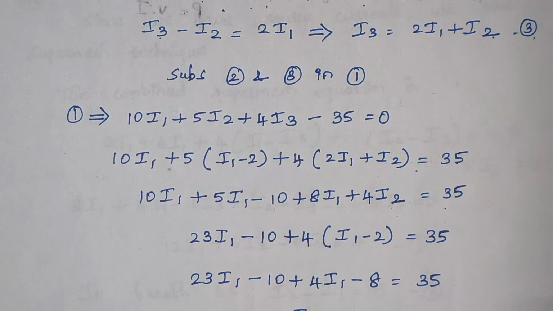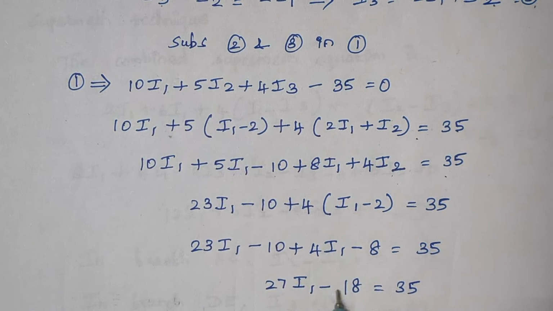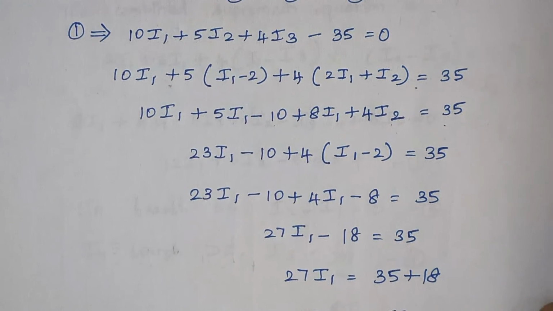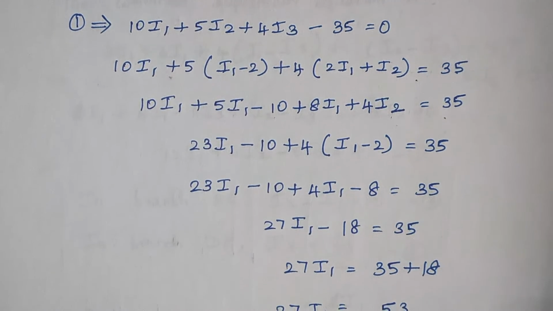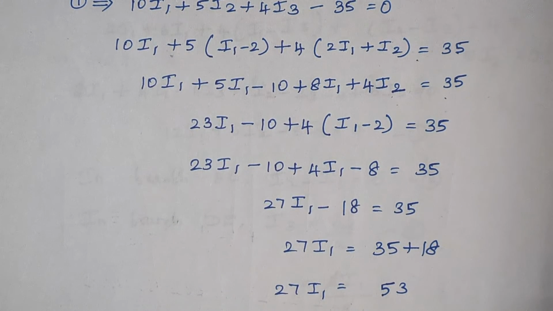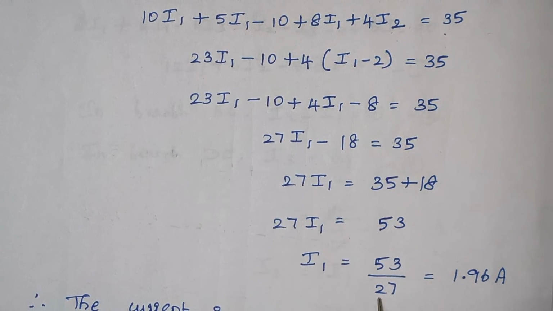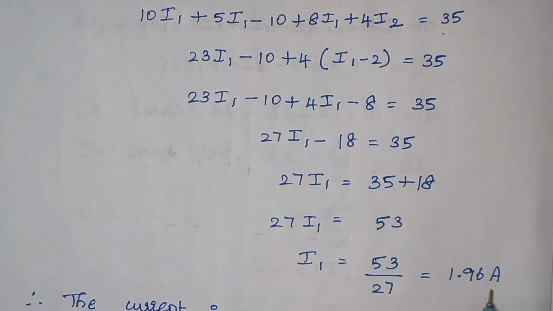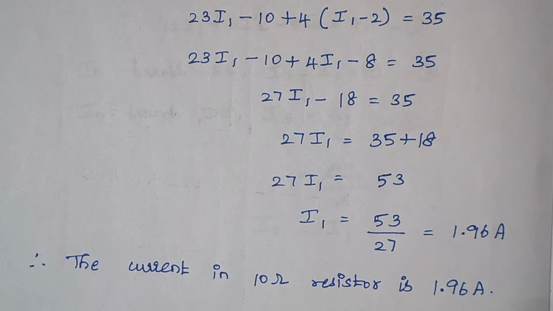Simplifying again, 23 I1 plus 4 I1 gives 27 I1, and minus 10 minus 8 becomes minus 18, equal to 35. Moving minus 18 to the right hand side, it becomes plus: 35 plus 18 gives 53. So I1 is 53 by 27, which is 1.96 amps. Therefore the current in the 10 ohm resistor is 1.96 amps.